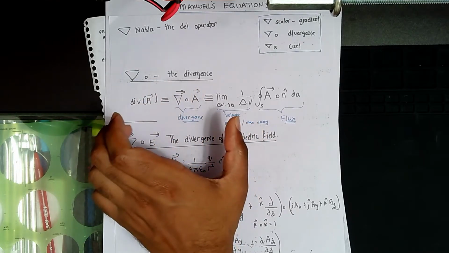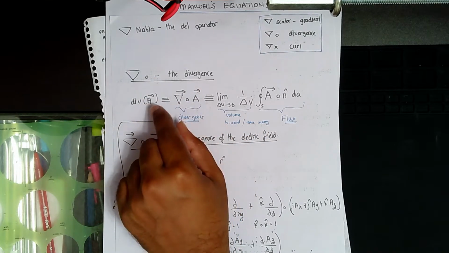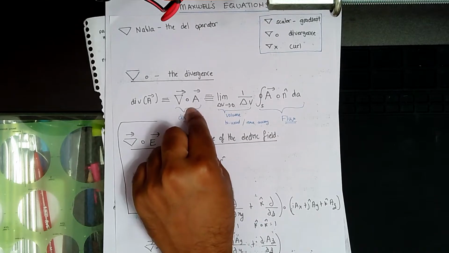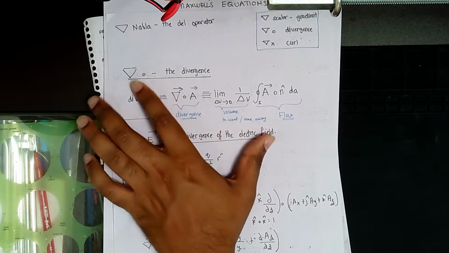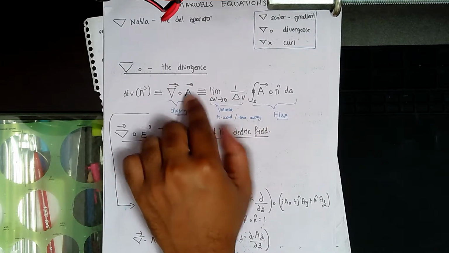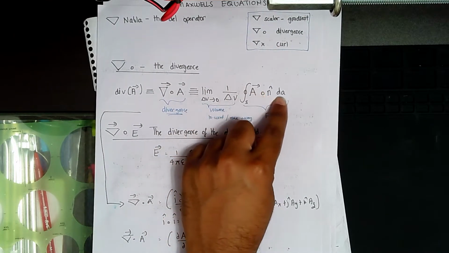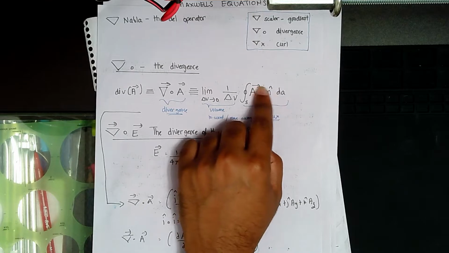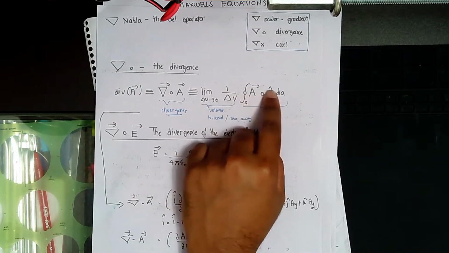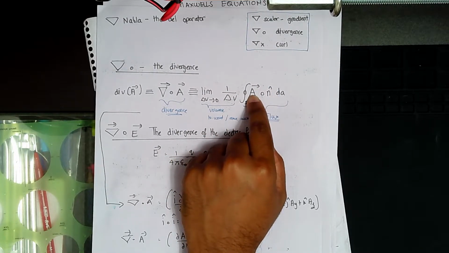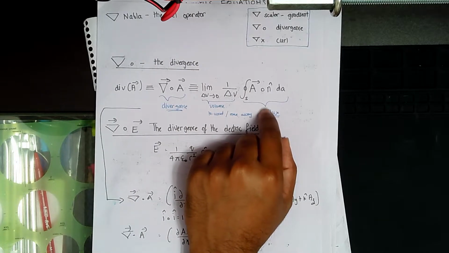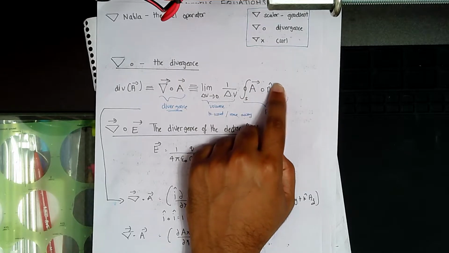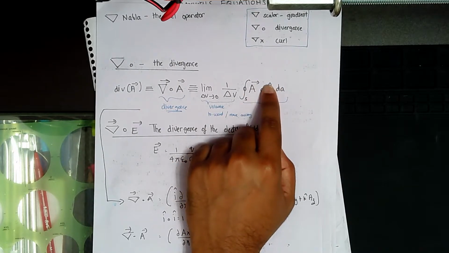Now, to really understand that equation, let's dig a little deeper. If I take a del dot A, the divergence of this particular product, based on the original integral form, we know that A dot n dA is the flux, and a flux is basically the amount through a surface area.